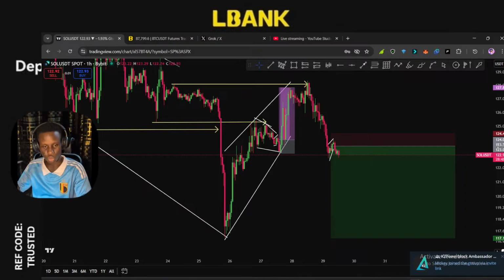Now we are going to talk about confirmation signal. And what does confirmation signal really mean? Confirmation signal is just simply an edge giving you a confirmation to a previous trending market nature.